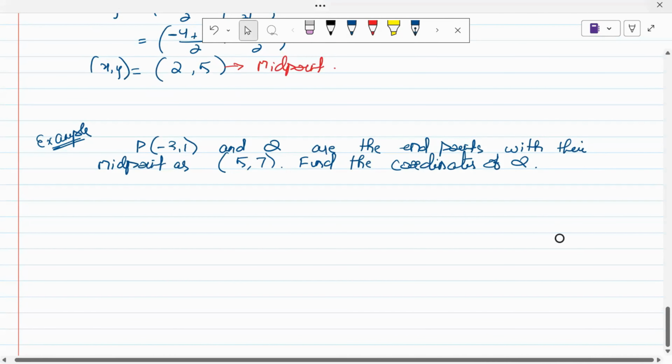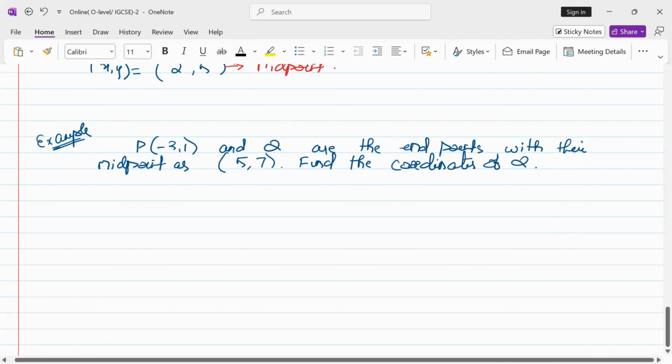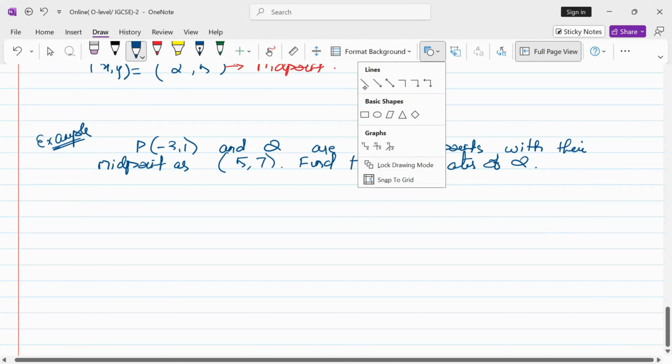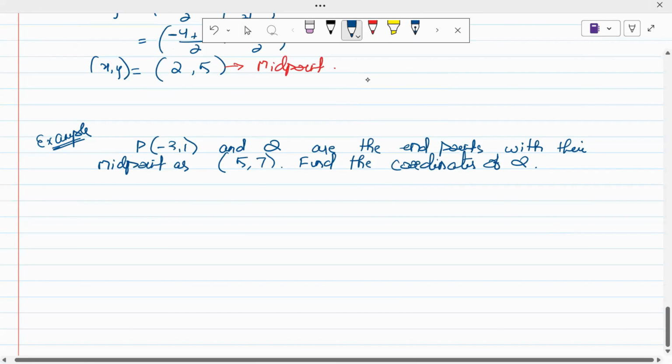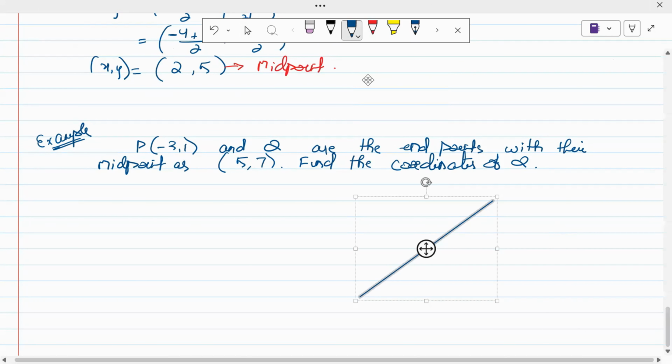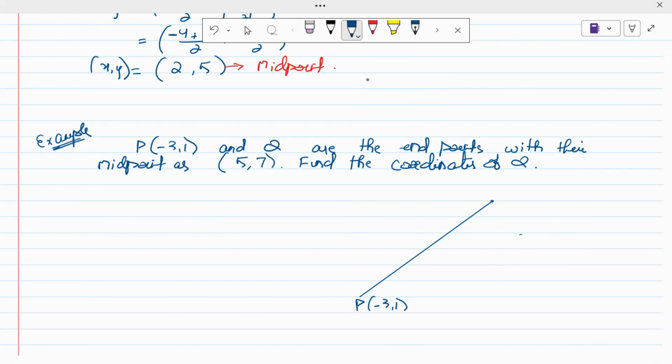Roughly, if you might want to draw a sketch here, we have it somewhat like this. P is here, having the coordinates (-3, 1). Q is here, which we need to find. And we have their midpoint given as (5, 7).